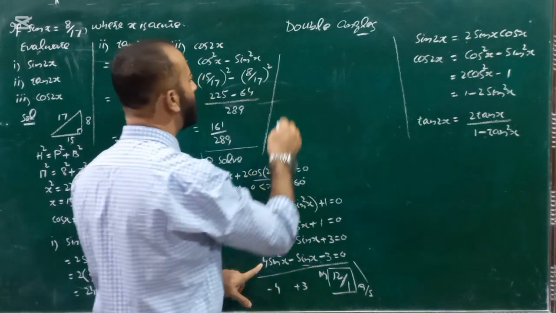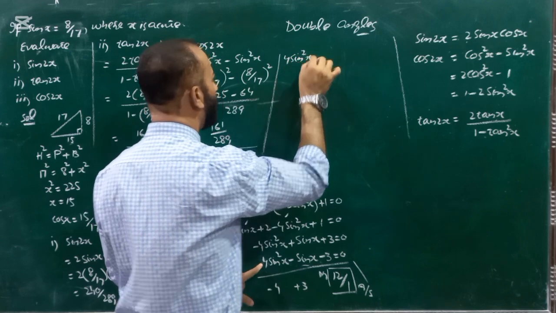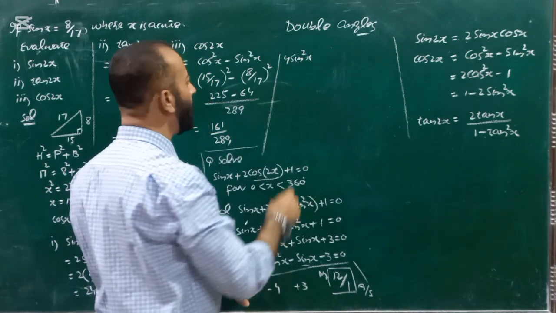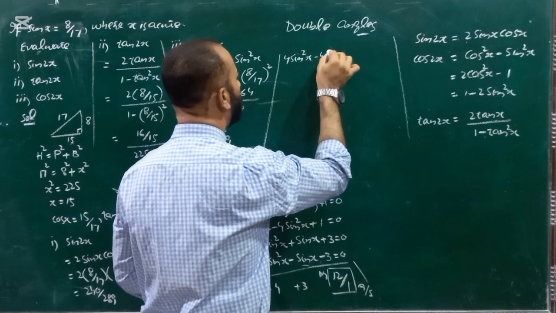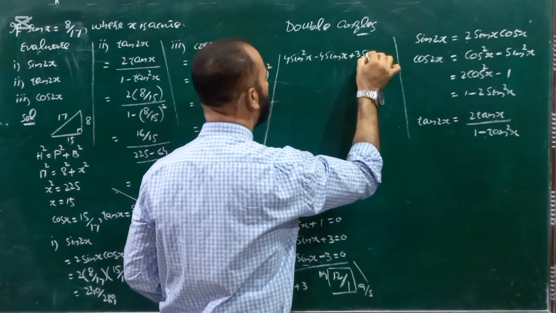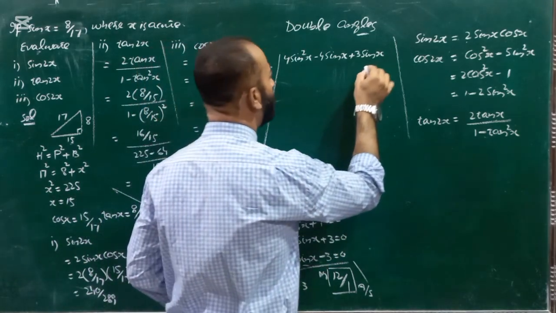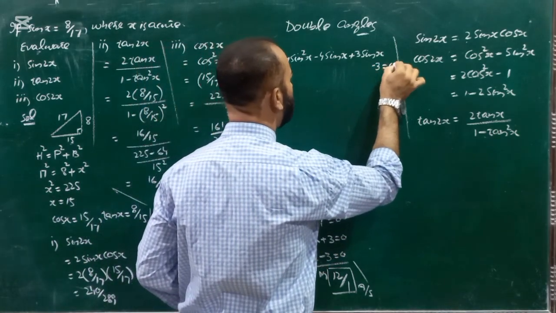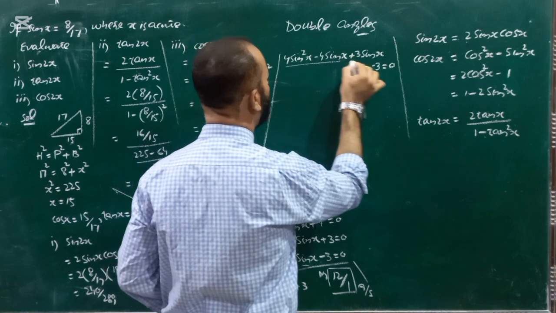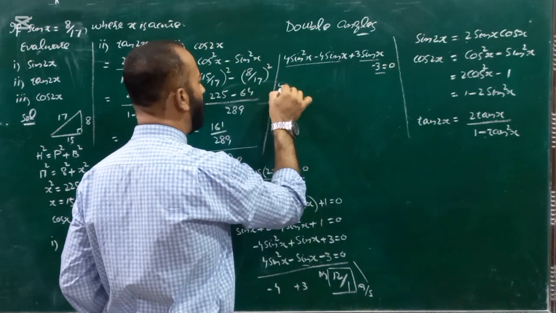4 sin square x minus 4 sin x plus 3 sin x minus 3 equal to 0 will remain as it is. Okay, making pairs, take common. In first pair, 4 is common.